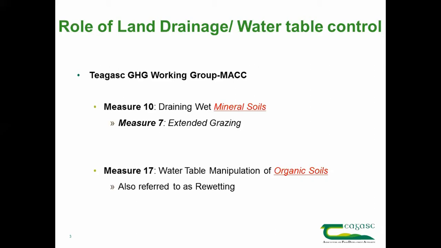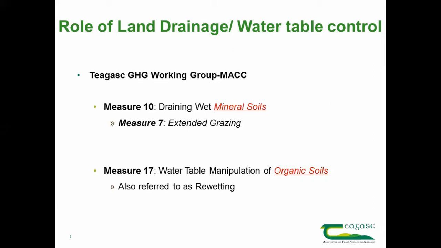So measure 10 looks at draining wet mineral soils. Measure 7 comes, I suppose, under that draining of mineral soils heading as well to a certain extent, and we'll see that in a moment. And measure 17, water table manipulation of organic soils, which is referred to in some of the writing and some of the context as re-wetting.